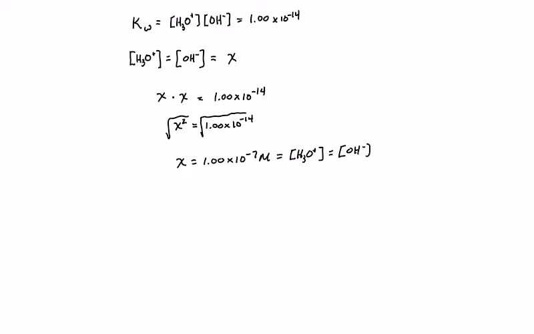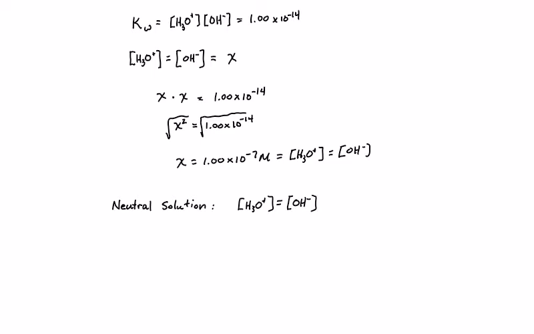Now this is for a neutral solution. When I say neutral, that means no acid or base has been added. This is just pure water. So when we have a neutral solution, what that means is that the concentration of hydronium is going to equal the concentration of hydroxide.